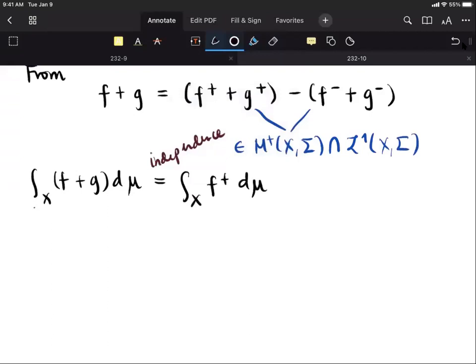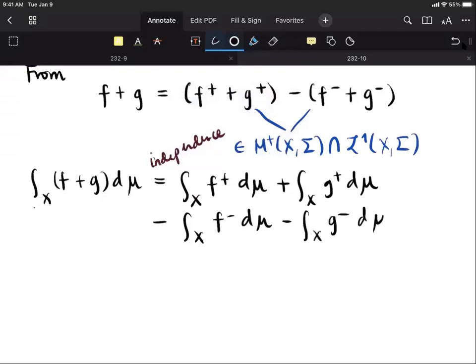One integral for f plus, another integral for g plus, minus the integral of f minus d mu, minus the integral of g minus d mu.